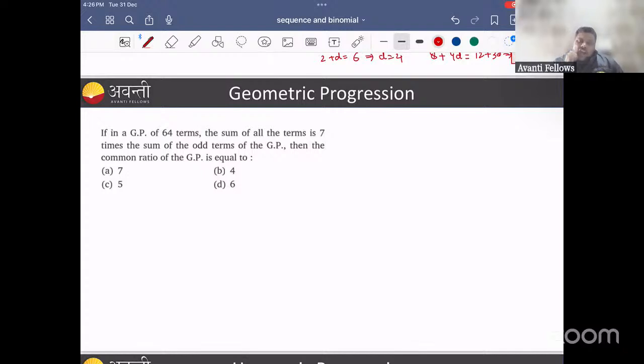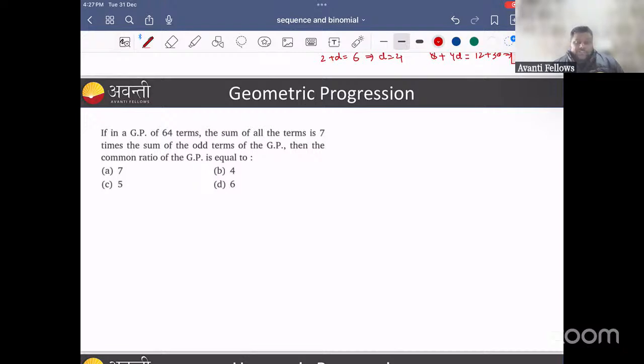Quickly. If you get the correct answer, mark your answer in the poll. In a GP, the sum of all the terms is 7 times the sum of odd terms of the GP. And what I'm telling you, sum of odd terms means the sum of the terms occurring at the odd places.